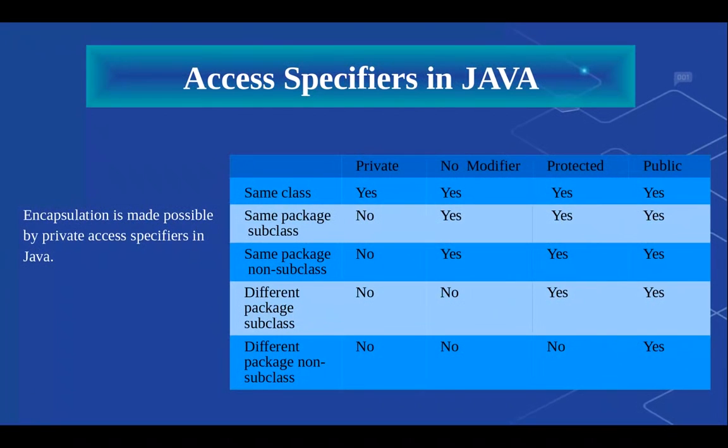So the default access specifier is accessible in these three situations. But where is it not accessible? It's not accessible in different package subclasses and different package non-subclasses.